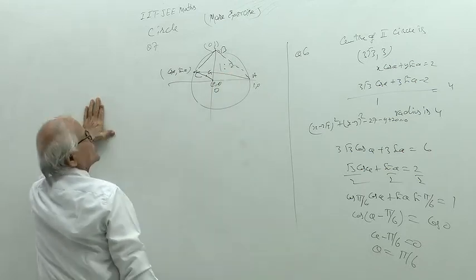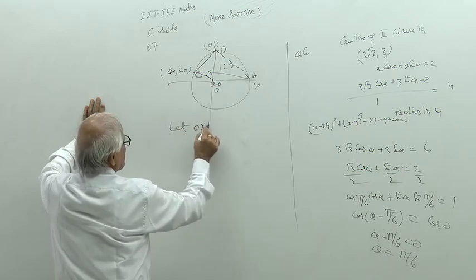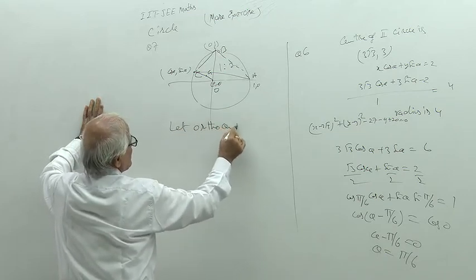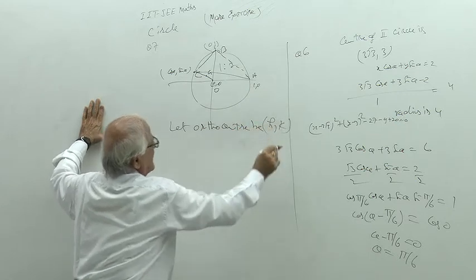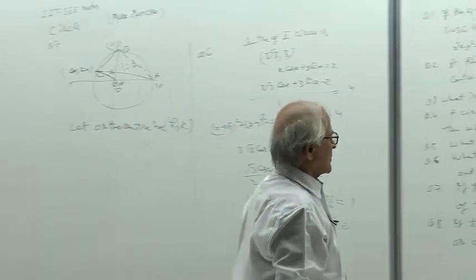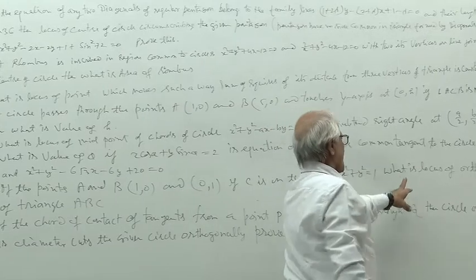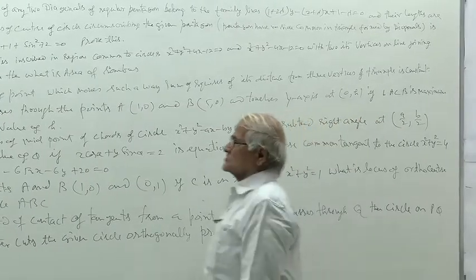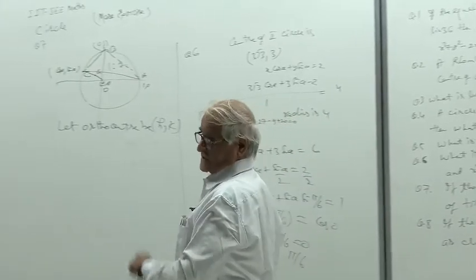Now what is the orthocenter? Let the orthocenter be (h, k). He wants the locus of the orthocenter. What is the locus of the orthocenter? Suppose the orthocenter, we know G divides in the ratio 1:2.